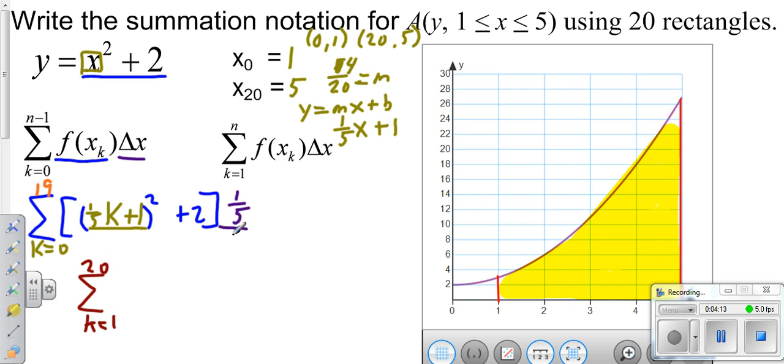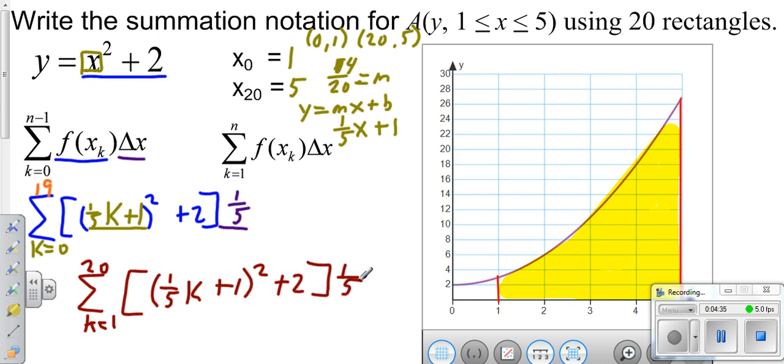All the rest of this stays the same. We don't have to refigure out all this because it's identical whether you're dealing with left or right. So it's 1/5 k plus 1, all squared, plus 2, closing bracket, and then still times your width of 1/5.